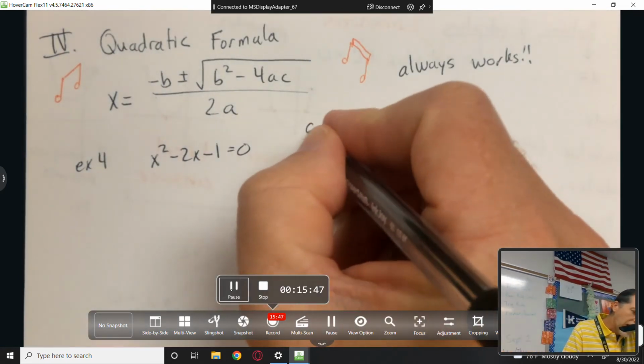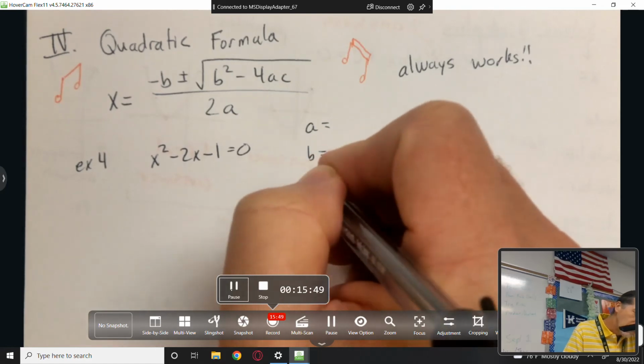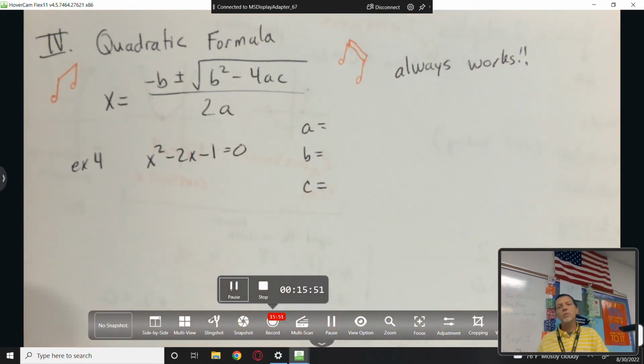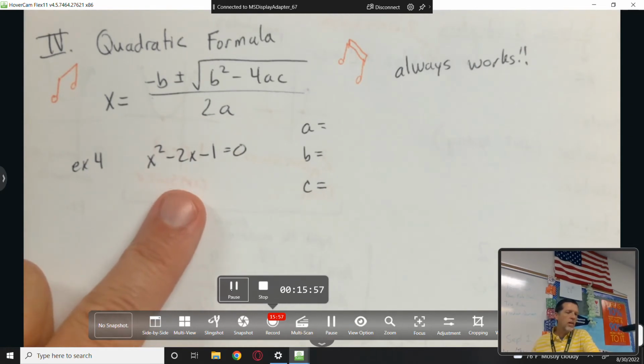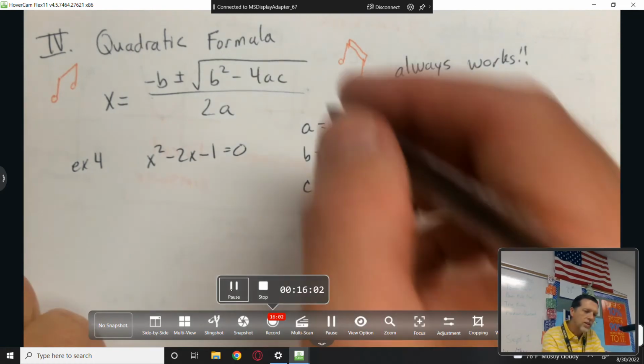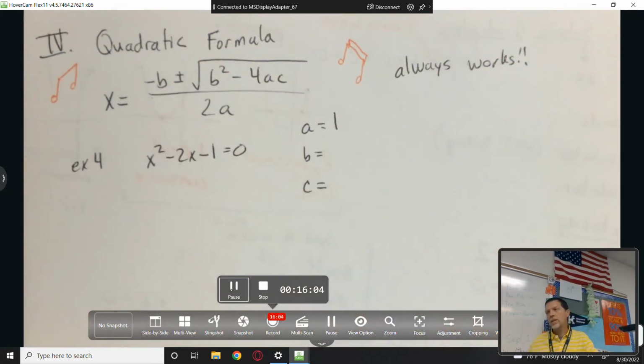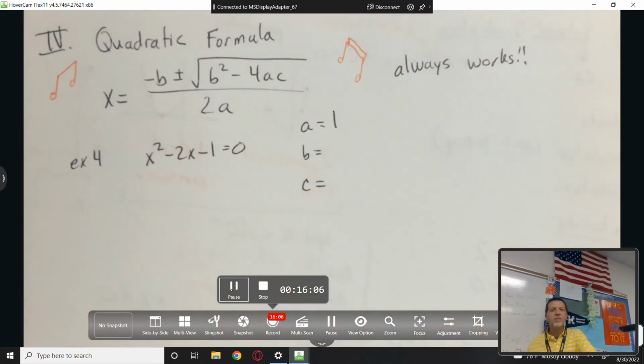Let's back up and go real slow through this for the first time. After this, some of you will start breezing through this. For x squared minus 2x minus 1, what is a equal to? 1. Good. When students first learn this, they want to say a is equal to x squared.